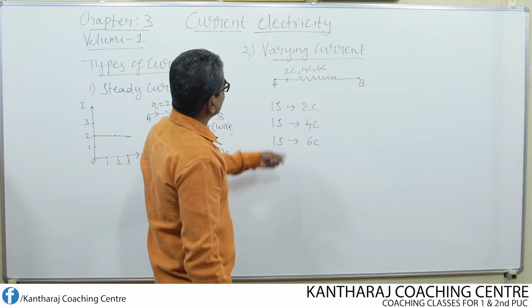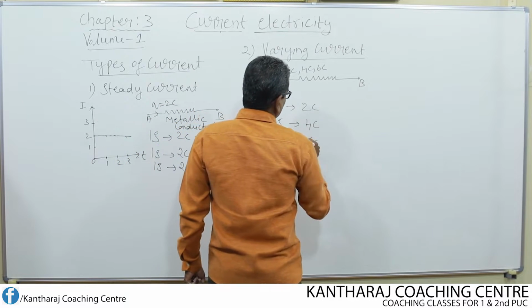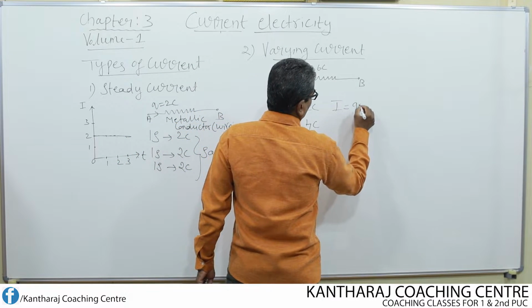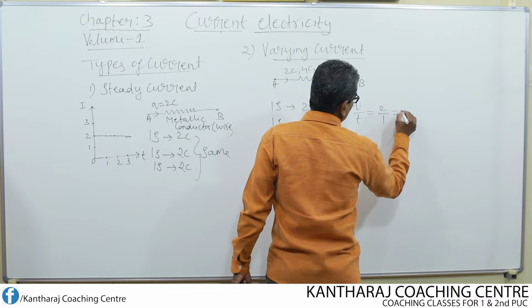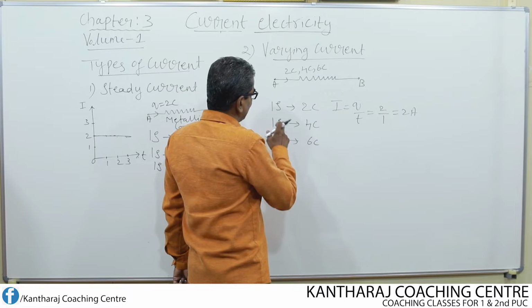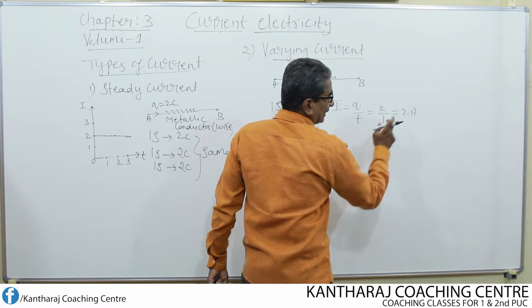Then what's the current through this conductor? The current through the conductor now is I equal to Q by T. Q is 2 divided by 1, which is 2 ampere. In the first second, corresponding to this charge, 2 ampere current flows.